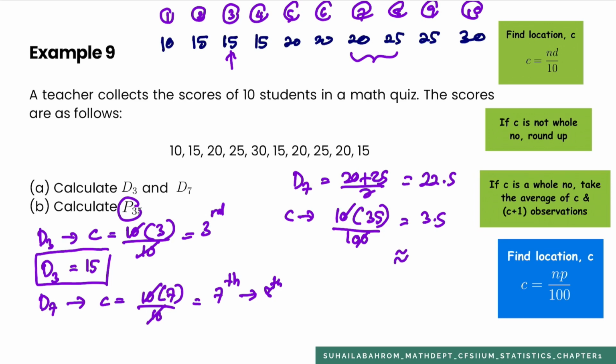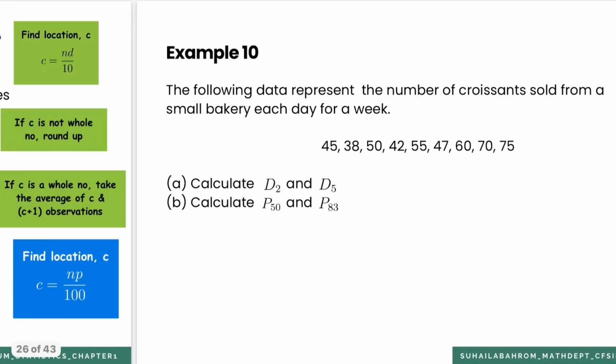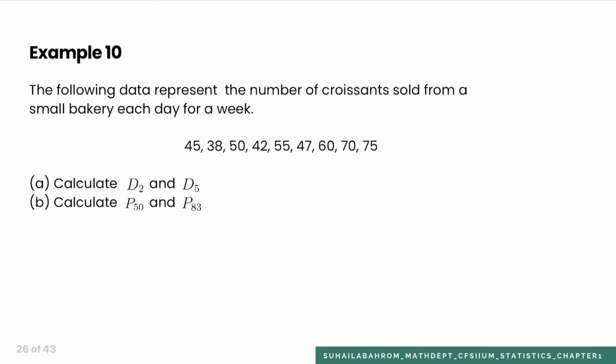We have to round up to the next whole number, so you will get 4. When you refer to the fourth location, this is the percentile 35. So percentile 35 is equivalent to the data value 15. So this is how you write down the final answer. Okay, you can try out this one as an exercise.